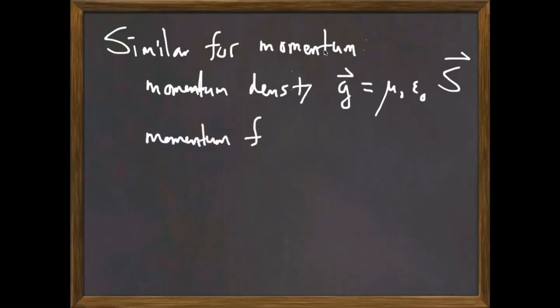What's the momentum flux going to be? Well, it turns out it's got to be a momentum per unit area per unit time. That has dimensions of force per unit area or pressure, but it's not a scalar and it's not a vector.